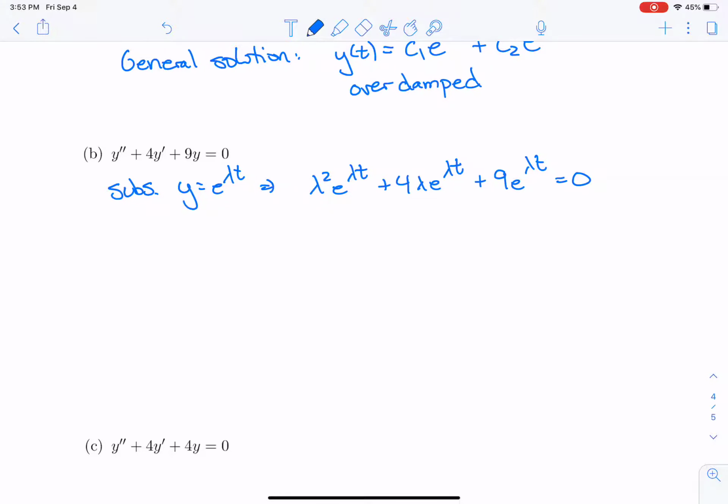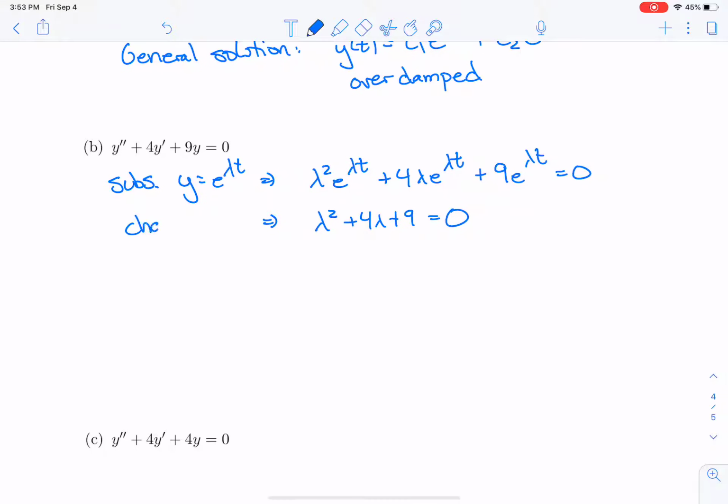I can factor out the e to the lambda t, which tells me that lambda squared plus 4 lambda plus 9 must equal 0, because e to the lambda t is not going to be 0 everywhere. That is going to be my characteristic polynomial.